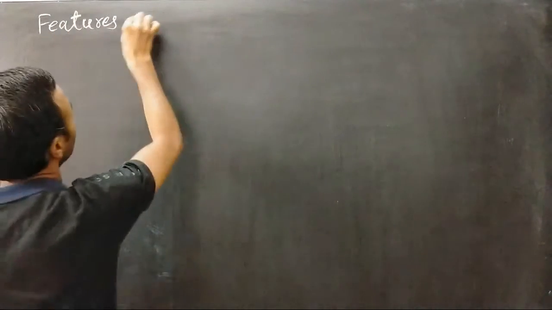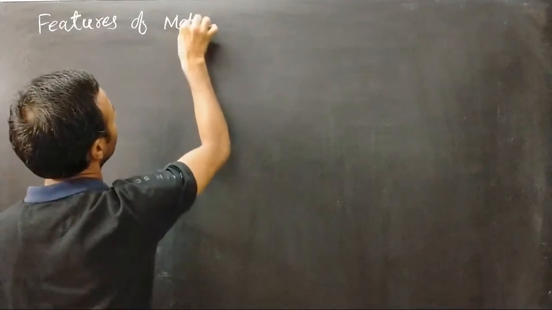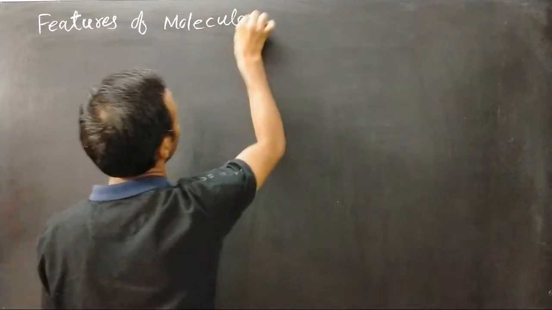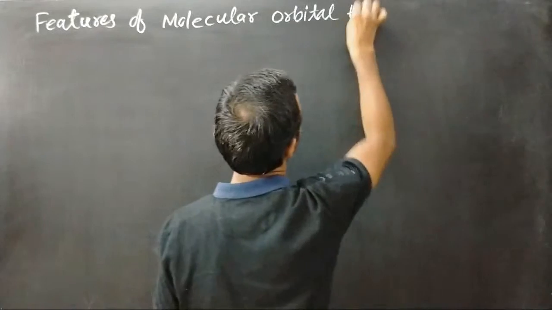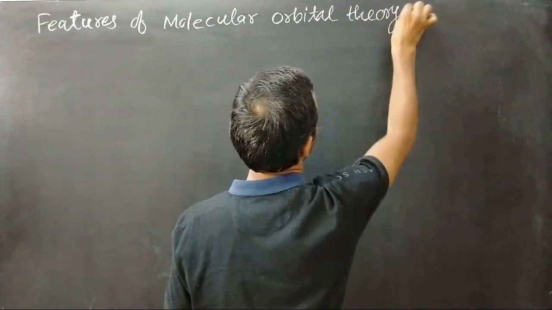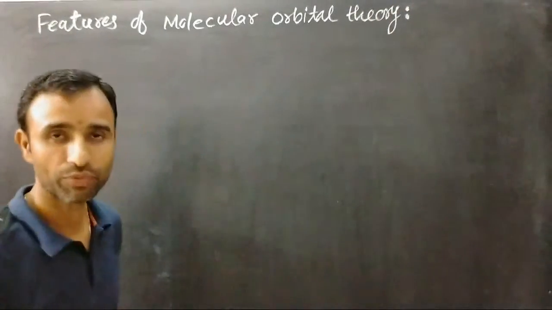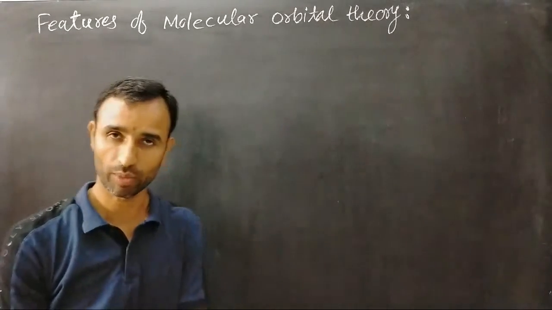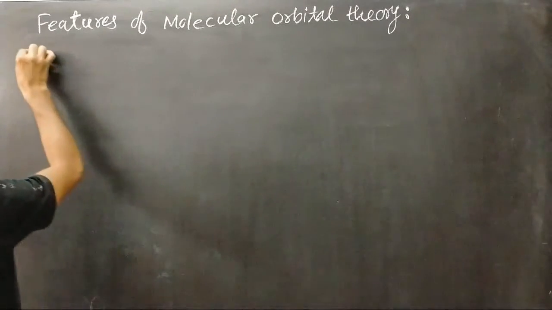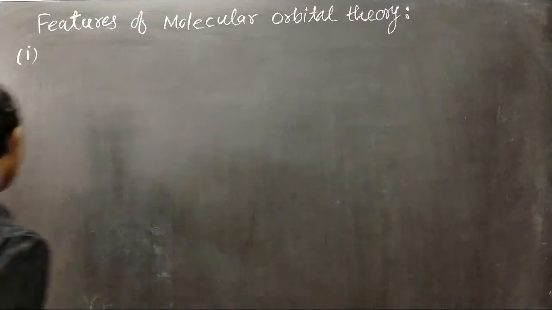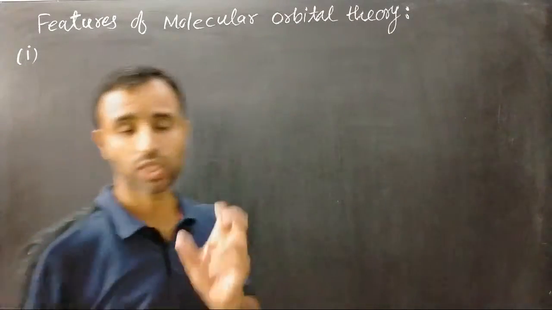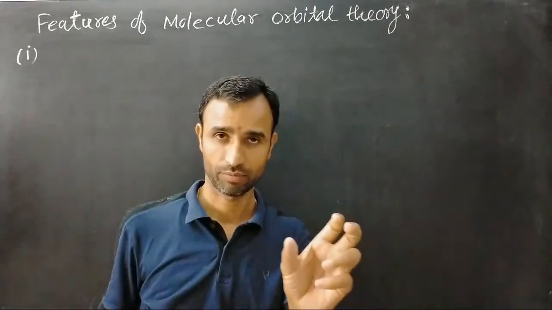Salient features of molecular orbital theory. So, different features of molecular orbital theory. First point is molecular orbital.